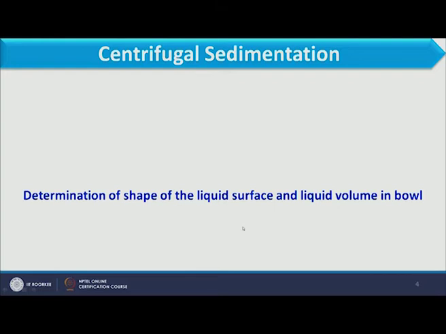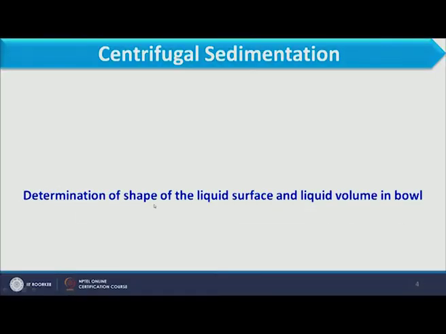So, here in centrifuge sedimentation, we are going to derive the expression to calculate the volume which can be contained in the bowl, the residence time of the particle, and we will further define the cut diameter, which speaks about how much fraction or what size of particle can be separated, and beyond that particles cannot be separated through centrifugal sedimentation.